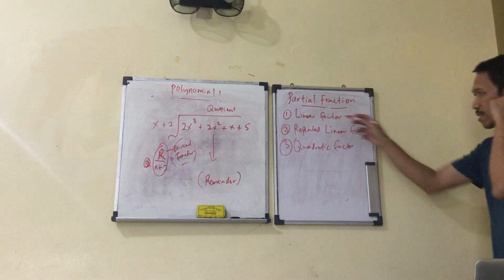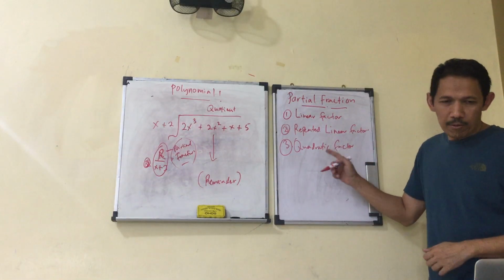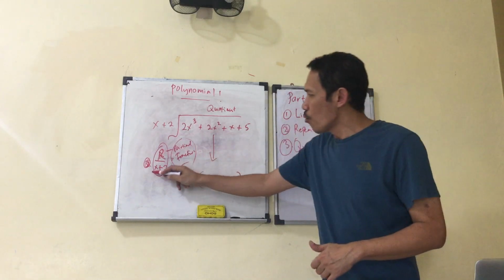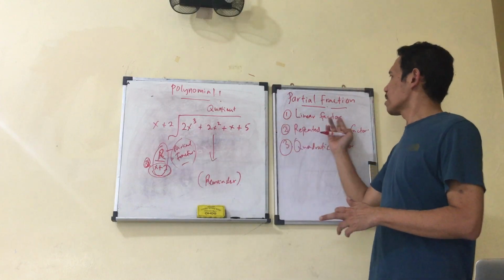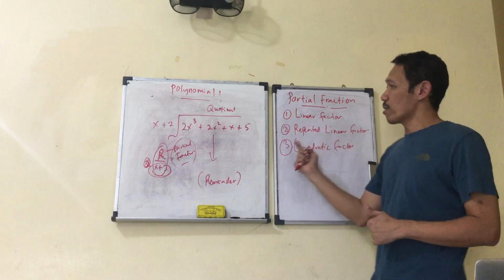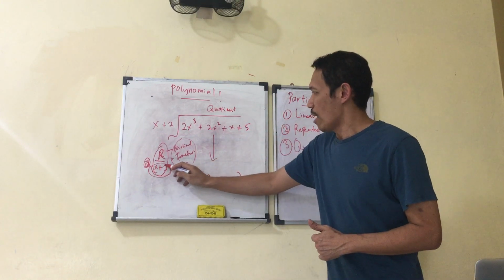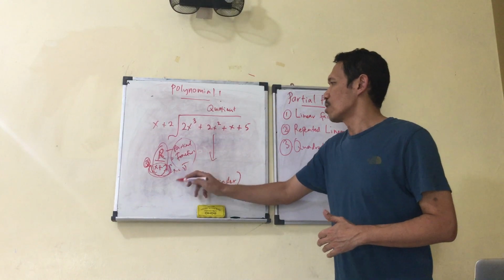So what are this linear factor and repeated linear? Where do the names come from? The names essentially come from the denominator here, right? The denominator represents whether it is linear, whether it is a repeated linear, or whether it is a quadratic factor. If it's linear, the denominator will be only x plus 2, x plus 3, and so on.